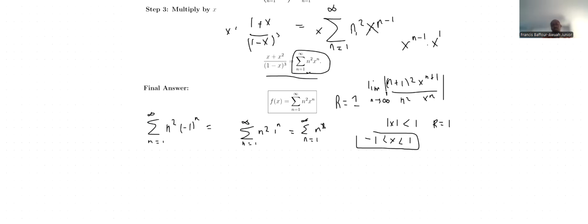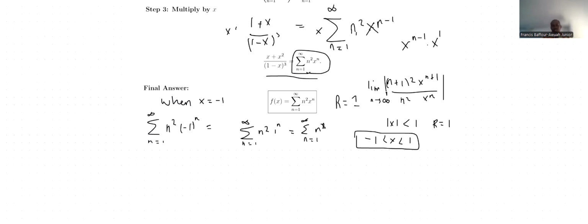Again, when you're testing the endpoints, when x is -1, very clearly this will still diverge by the divergence test, because the limit as n goes to infinity of n squared times -1 to the n won't exist, because of the fact that it's alternating. So it will diverge.